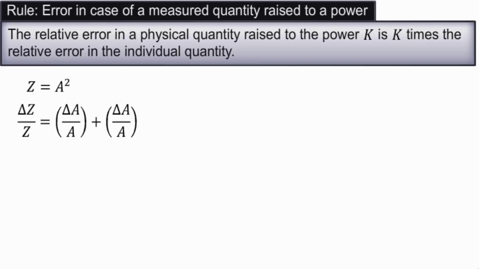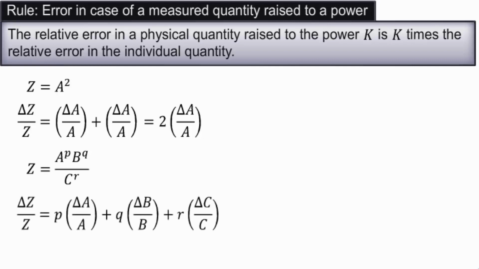Hence, the relative error in a² is twice the error in a. In general, if z = a^p b^q / c^r, then Δz/z = p Δa/a + q Δb/b + r Δc/c.